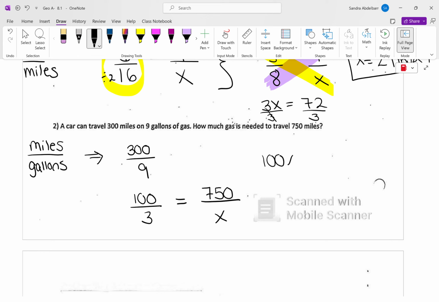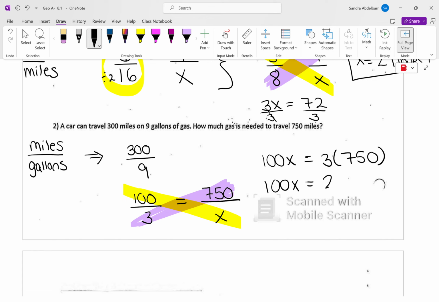So now we cross multiply and I will get 100x is equal to 3 times 750.